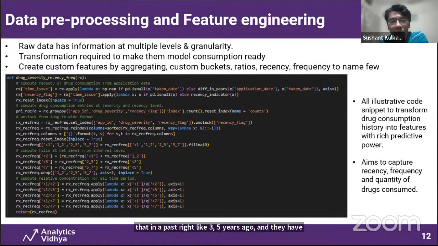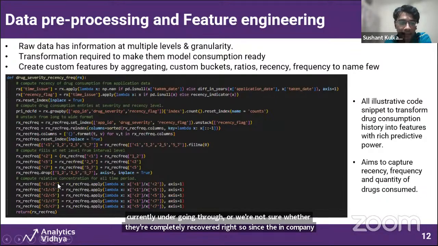Ideally you want the model to penalize them more, because that is something they're currently undergoing, or we're not sure whether they have completely recovered. Since the insurance company is covering them, they can't afford to take this risk, so those people have to be penalized. From that perspective, we need to capture people who have high risk.